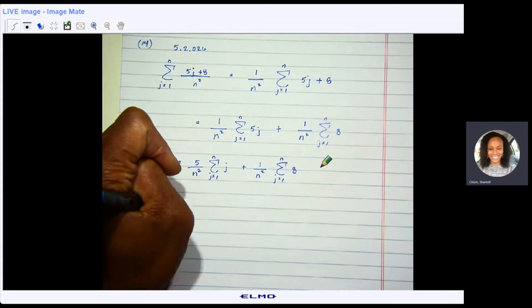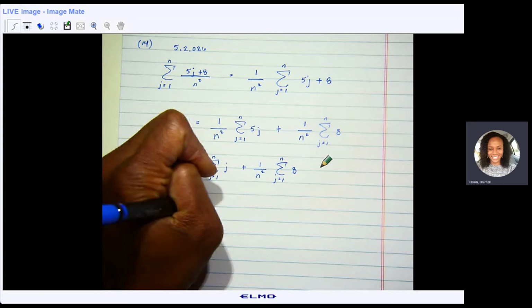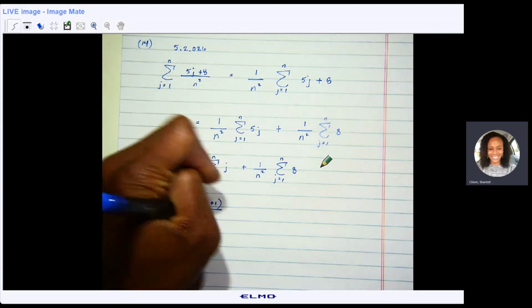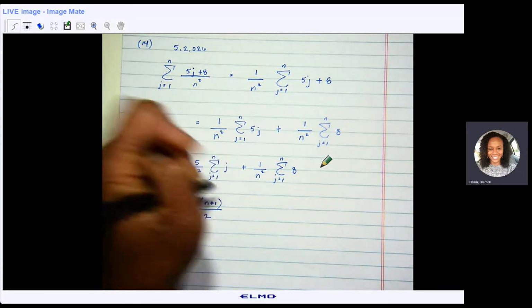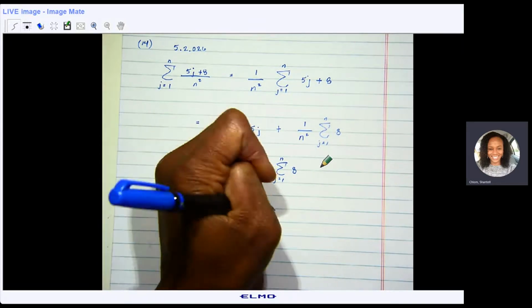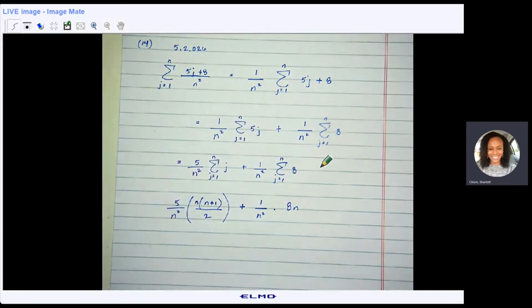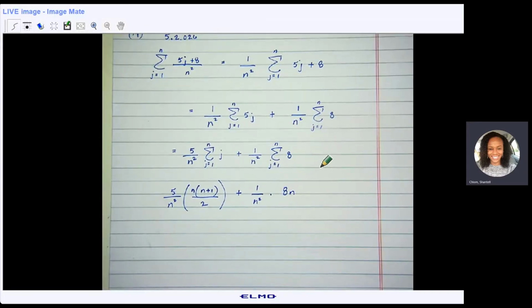So we still got 5 over n squared times n plus 1 over 2. Okay, and then here we got 1 over n squared, and this would be times 8n. Okay, and then you would just evaluate it at n equals 10, n equals 100, so on.